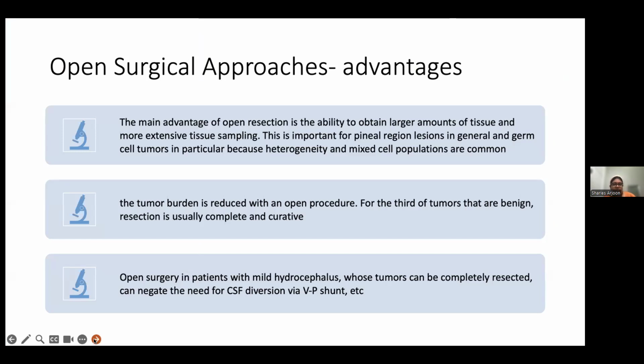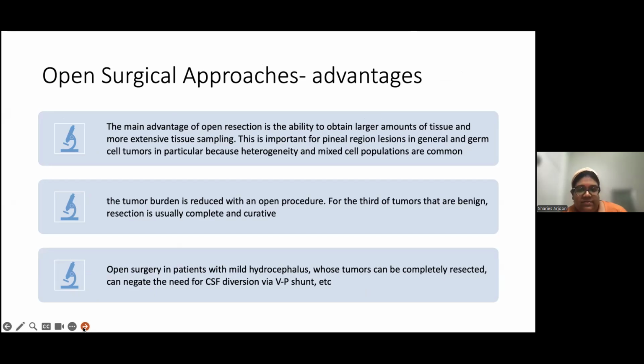So now moving on into the open surgical approaches. The advantages I'll start with. The main one of these open resections is the ability to obtain larger amounts of tissue and more extensive tissue sampling. This is important for pineal region lesions in general and germ cell tumors in particular because of the heterogeneity of the tumors, and mixed cell populations are common.